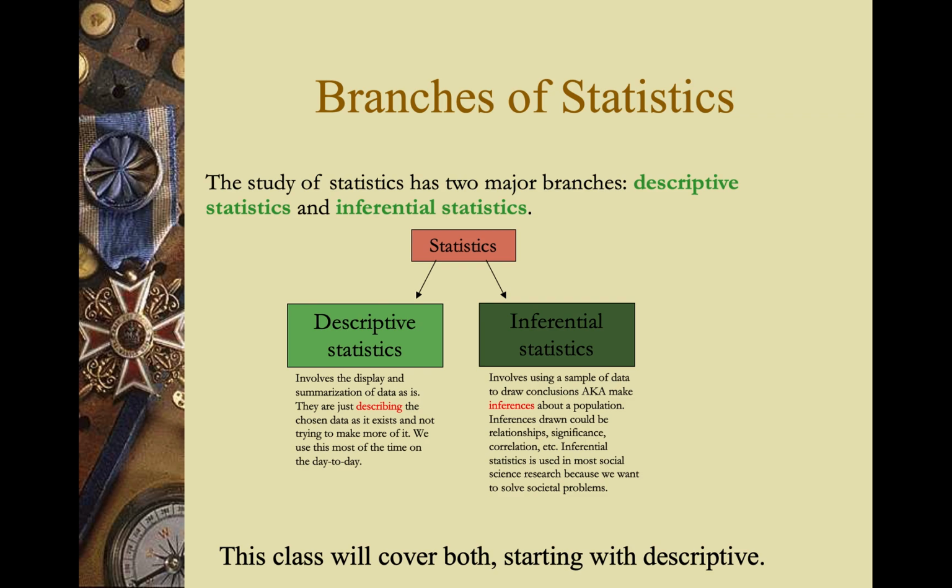Inferences could be about relationships, significance, correlation. Inferential statistics is used a lot in social science research because we want to solve societal problems. We're social scientists, so we want to be able to solve world problems that affect lots of different people. So we're interested in inferential statistics. This class is going to be covering both. We're going to start with descriptive.